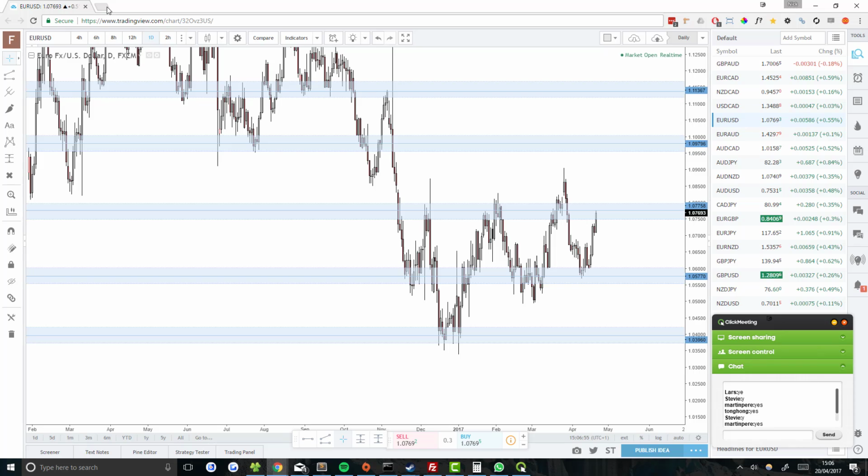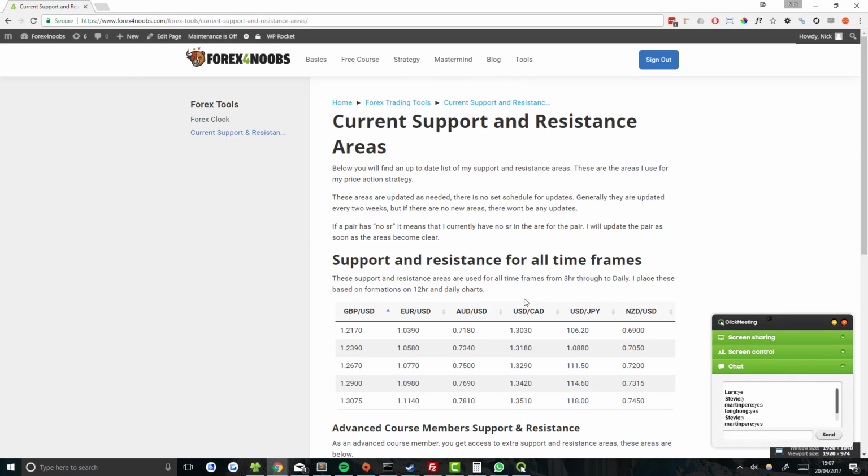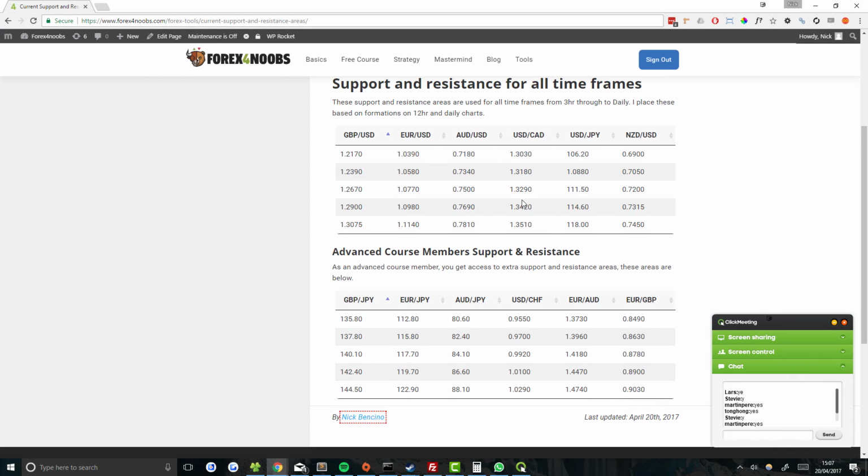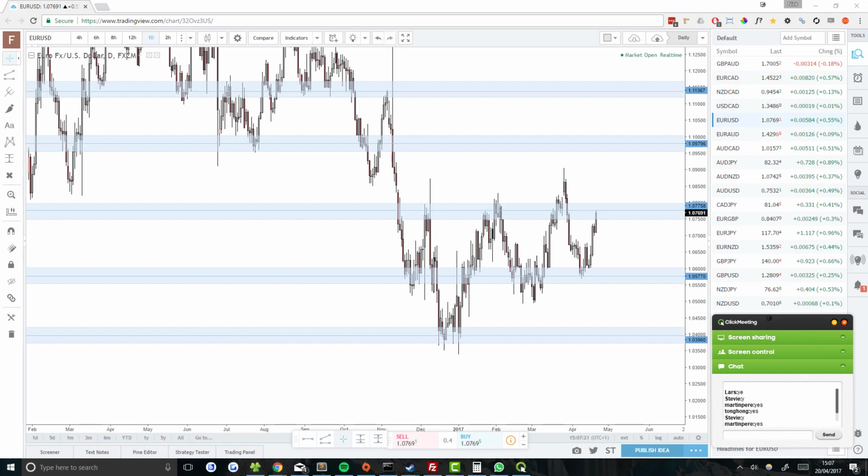Speaking of which, like I've been saying for the past week or two, I've been lazy in updating my support resistance areas. Well, the support resistance areas are finally up to date. You can see them all here.